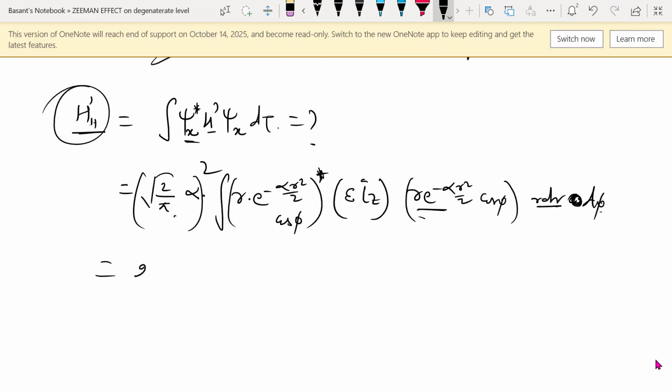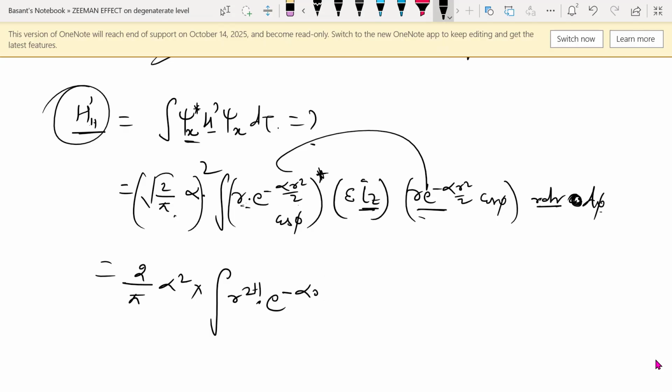So this becomes 2 by pi alpha square into the integration. The radial part is not affected by the perturbation, so the radial part becomes r cube e to the power minus alpha r square dr, and this goes from 0 to infinity.